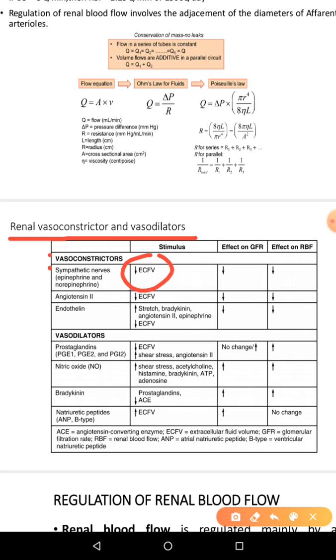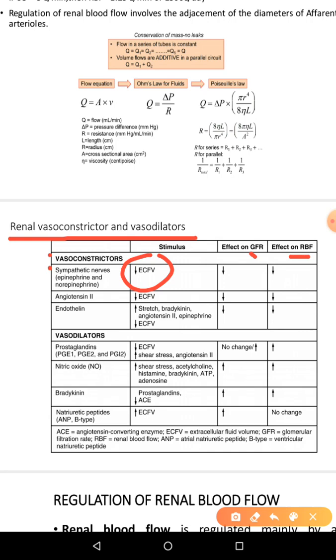It increases cardiac output. Okay. So the whole purpose of this is just to restore the normal blood flow or the normal pressure. So the effect it has on the glomerular filtration rate, that is the rate at which a filtrate is formed, it will reduce, and then the rate of blood flow will also reduce.